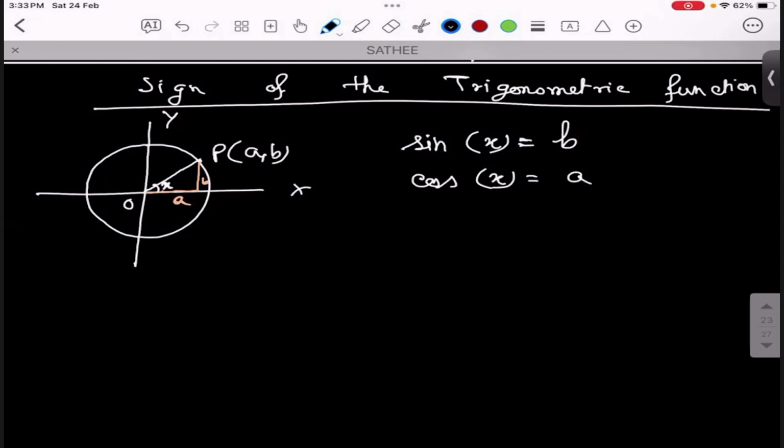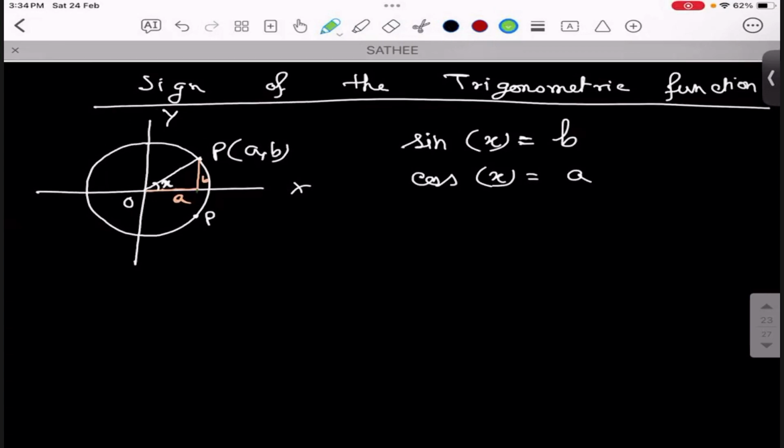What about this point? If the point is at this point B, what is different? A should be the same, but B has changed. So it should be minus B. Why minus B? Because this is along the negative y-axis, so obviously the distance should be minus B. What about this portion?